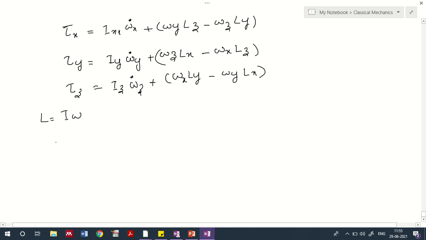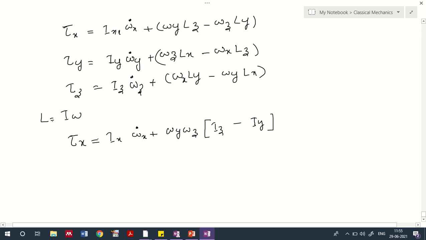So tau x will be equal to Ix omega x dot plus omega y omega z taken out, and then in terms of the moment of inertia tensor, Iz minus Iy.